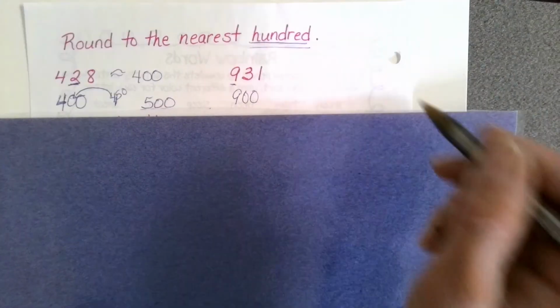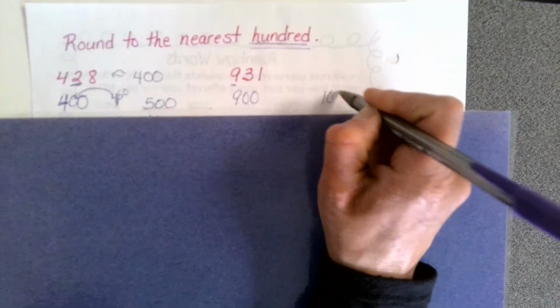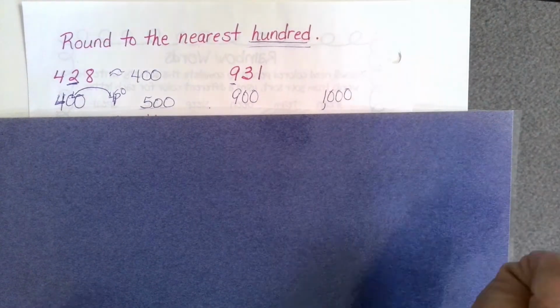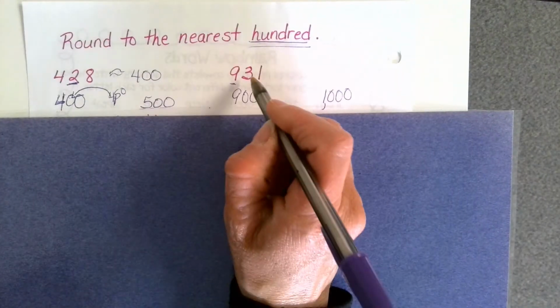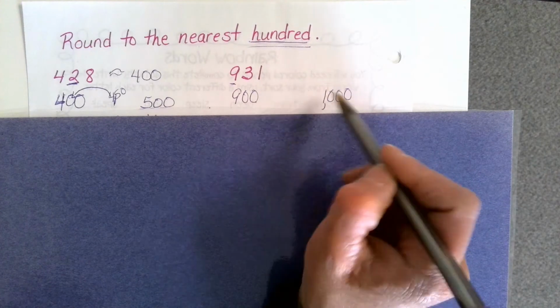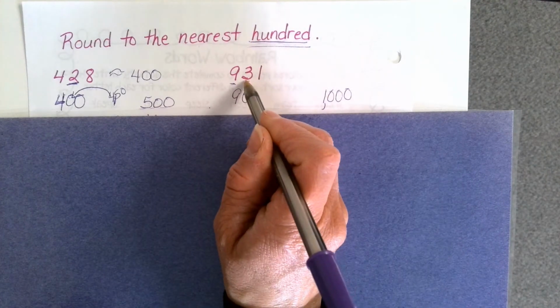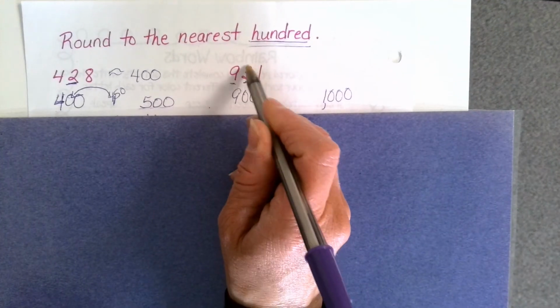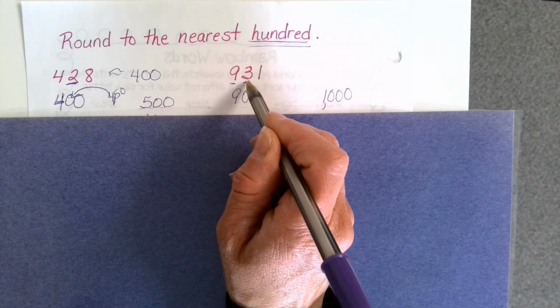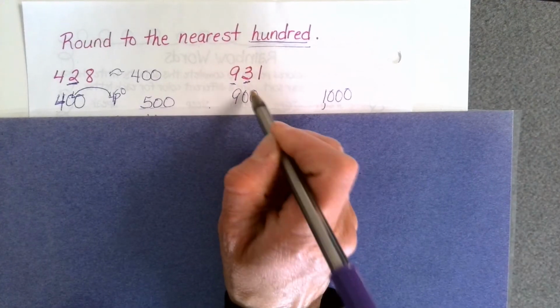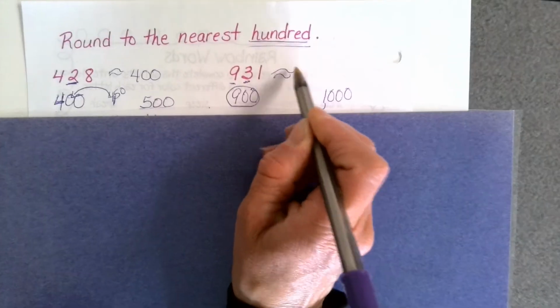And what comes after 9? 10, which would be 1000, or it's the same thing as 1000. Now, if I want to figure out which number I would round to, I have to look in the tens place. It's a 3. Since it's 4 or below, I'm going to take it down low, and I'm going to round it to 900.